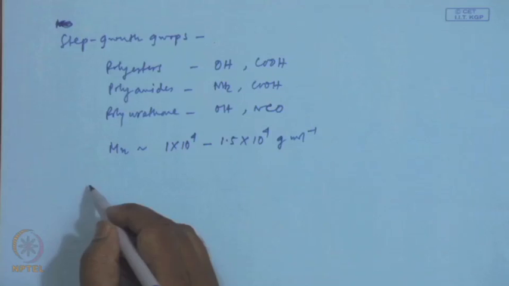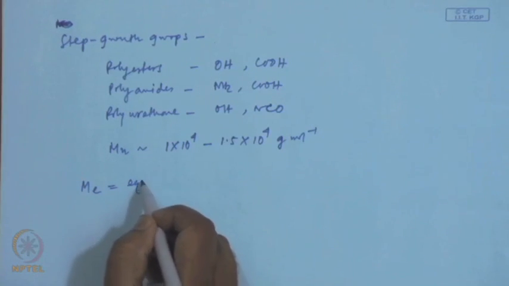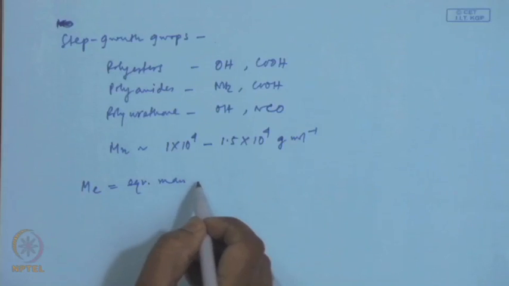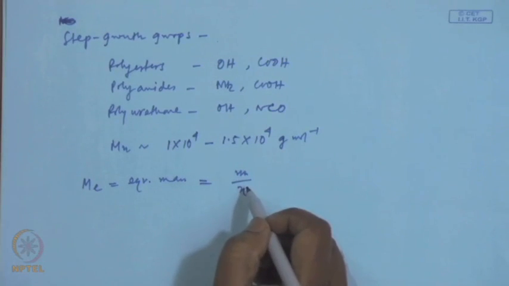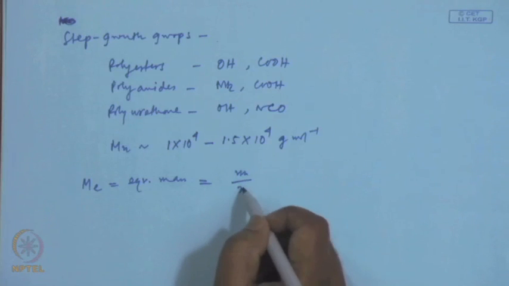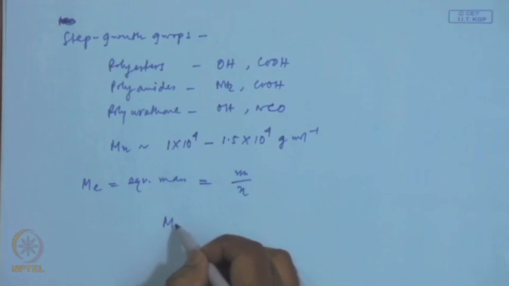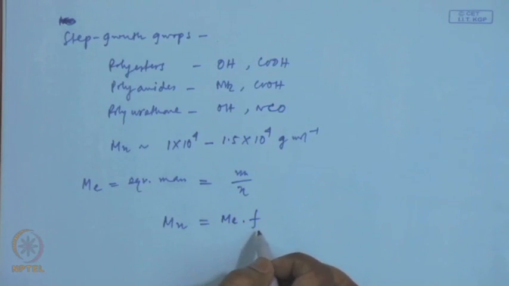What we measure is basically Me, the equivalent mass, which is defined as M by N. M is the mass of the polymer or concentration of the polymer, and N is the concentration of the end groups. So, Mn would be given by Me multiplied by F, where F is the number of end groups per chain.